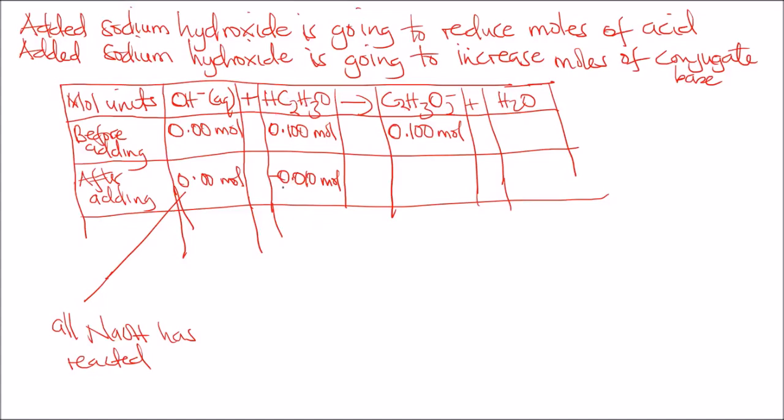So we are going to have minus 0.010 mole from the acid. So what do we have here? The added sodium hydroxide is going to increase moles of the conjugate base. So as the added sodium hydroxide decreases the moles of the acid, it is going to add to the moles of the base. So we are going to have here plus 0.010 mole.